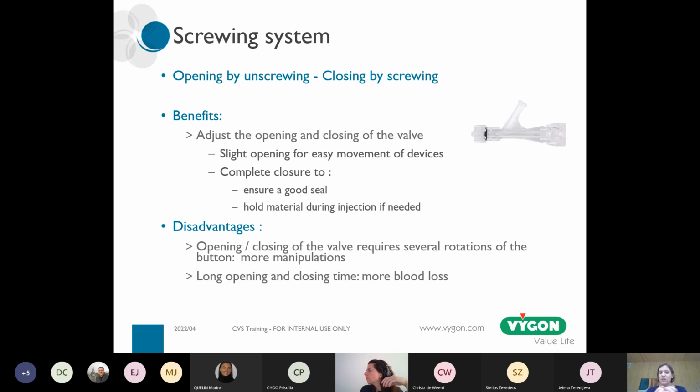The disadvantage is that you need to do several rotations to open and to close. So you have more manipulation. And as you have more manipulation, it is longer, so there is more blood loss.